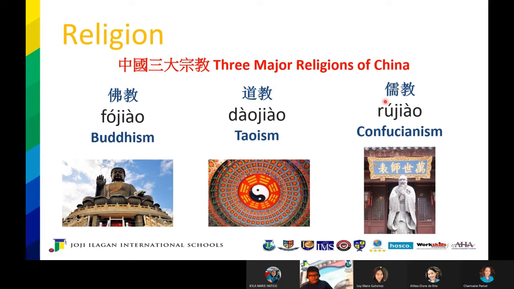Okay, next, we also have Ru Jiao. Can you read? 如教, Rujiao. That means Confucianism. This originates from the philosophies of Confucius, or Kongzi in Mandarin. Confucius was a philosopher in ancient China, and he formulated different deeds, the aspects of morality, the concept of xiao or filial piety, which I mentioned last meeting.